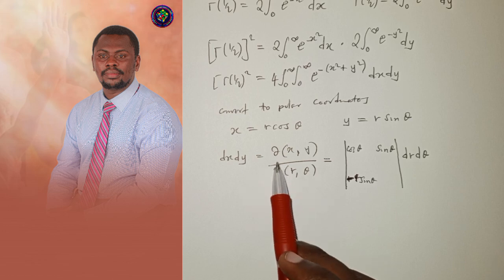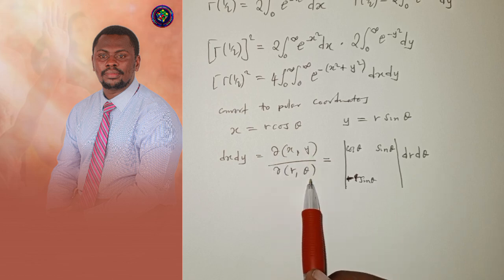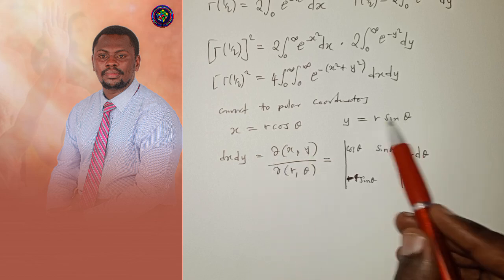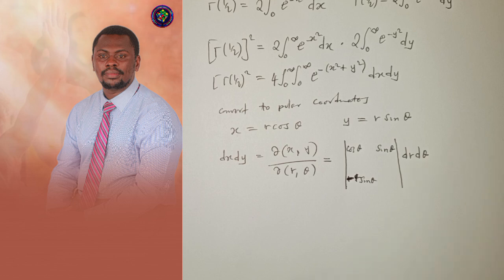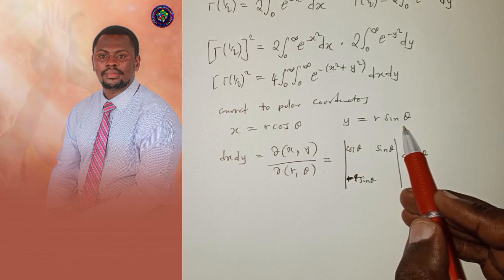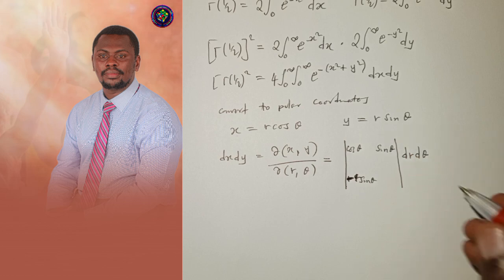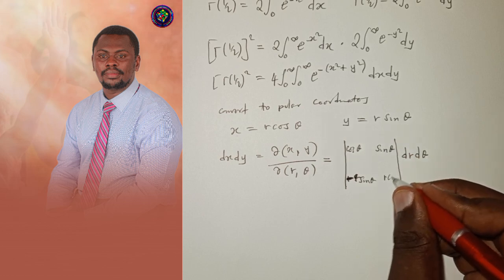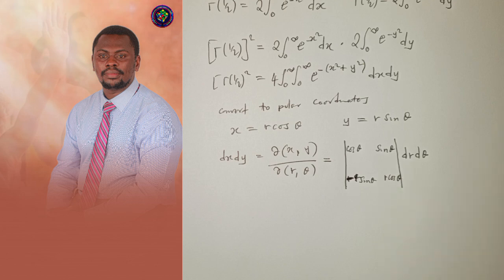Then dy d theta: the derivative of r sin theta with respect to theta, the derivative of sin theta is cos theta, so this gives us r cos theta.